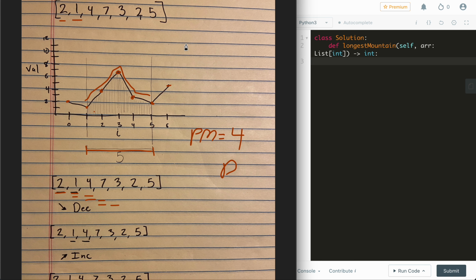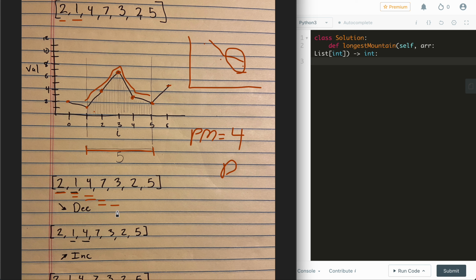So for instance, if we had a graph that looked like this, and we had a couple points here that looked like this, and then went down and then down, this right here is technically decreasing, but it wouldn't be considered a decrease as far as our state is concerned, because we only care about a decrease if it was preceded by an increase. And this will make more sense when we write it out in code.